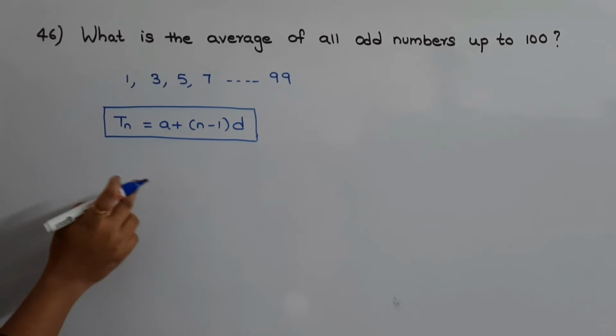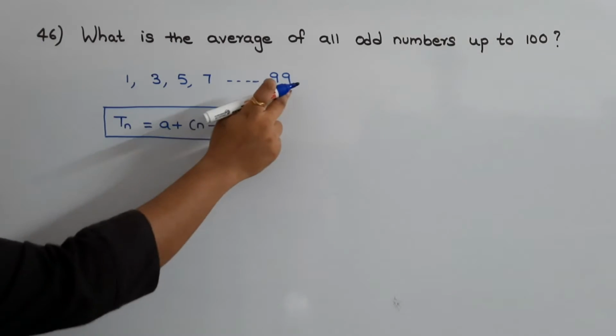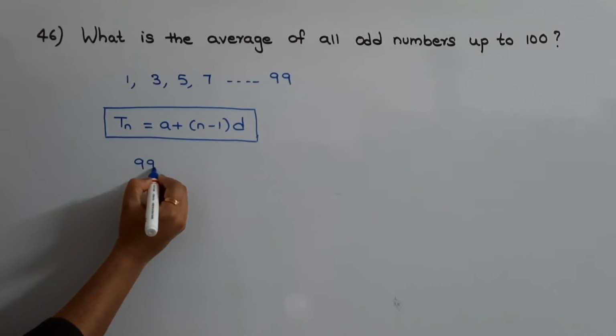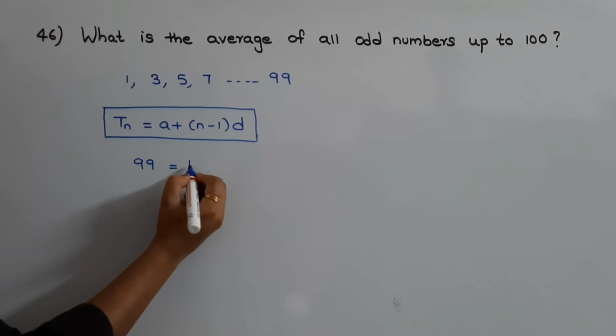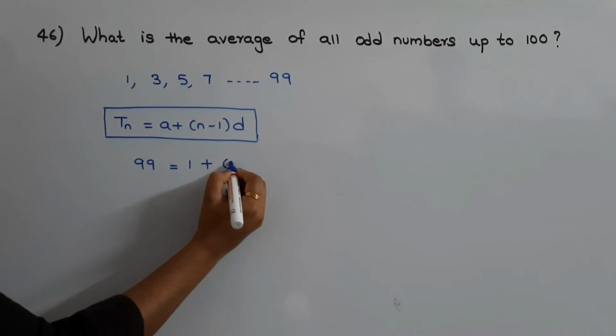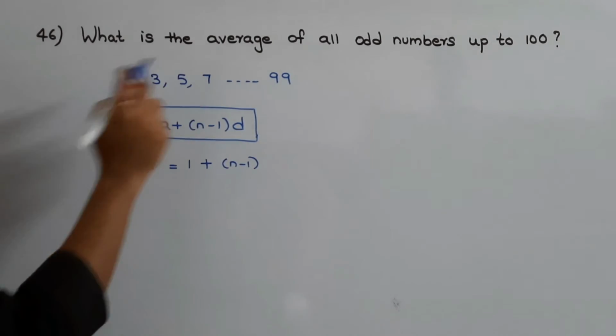Here Tn is the last term, which is 99, that is equal to a, the first term, which is 1, plus (n minus 1) into d. d is the difference between each term.